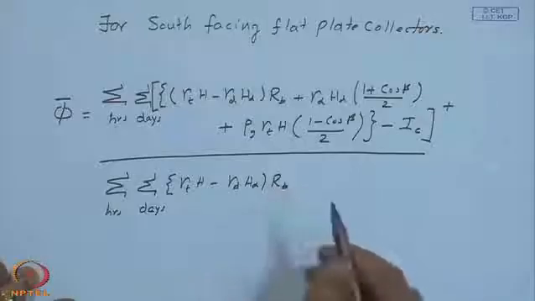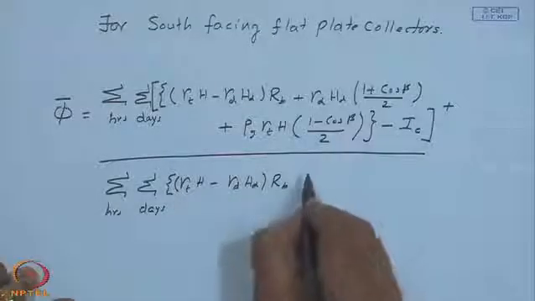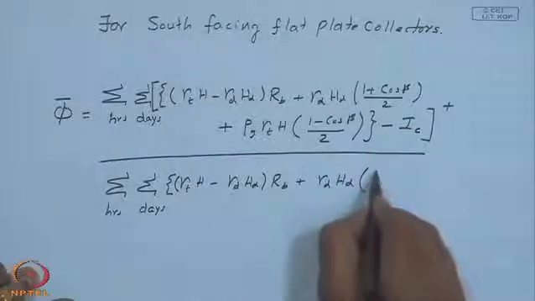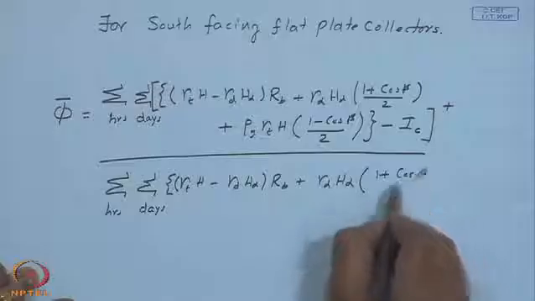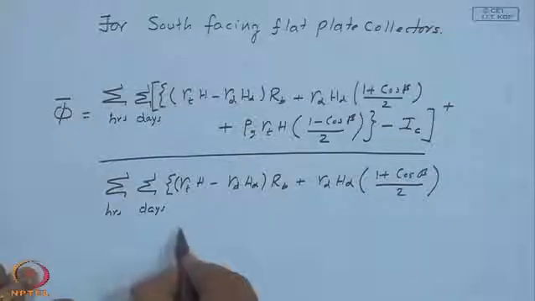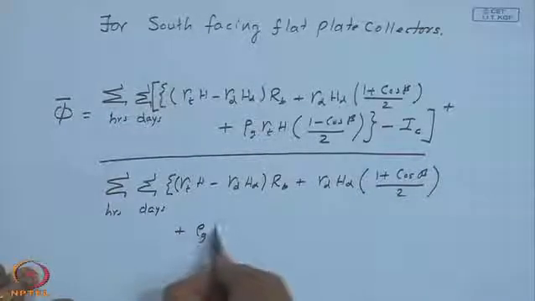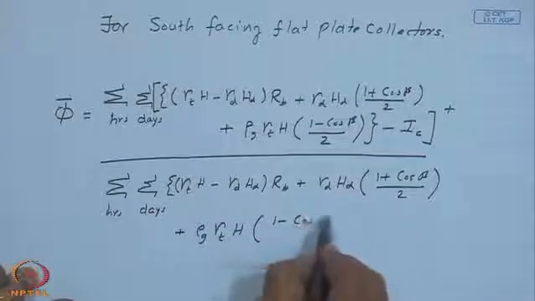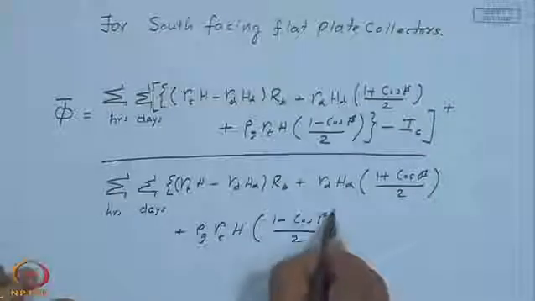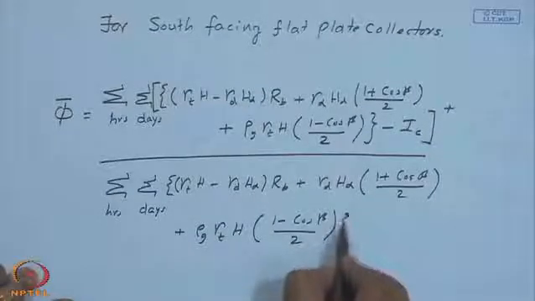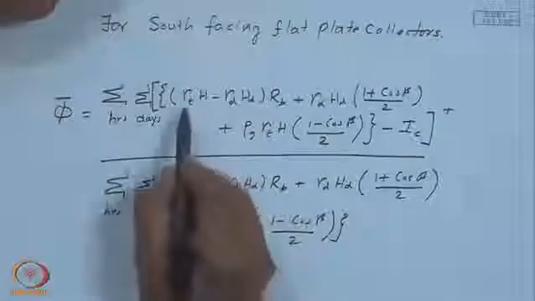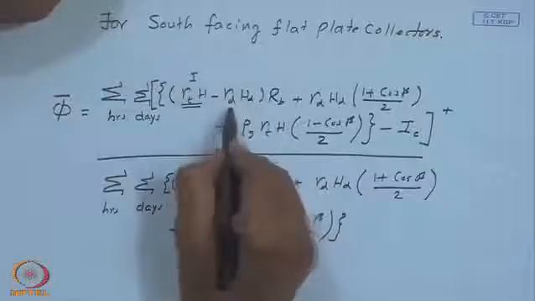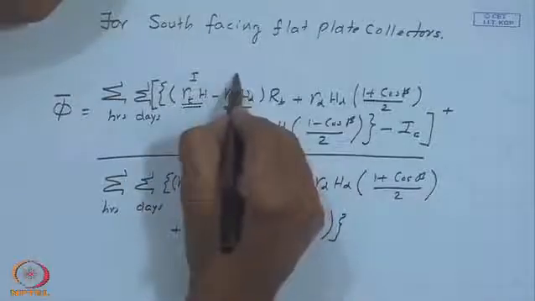Times R b plus R d H d times 1 plus cos beta by 2 plus rho g R t into h times 1 minus cos beta by 2, curly bracket closed. So, this R t into h is nothing but I, R d into H d is nothing but I d.